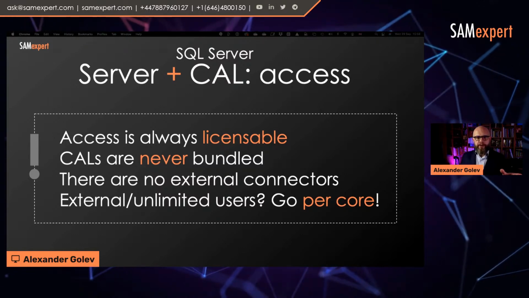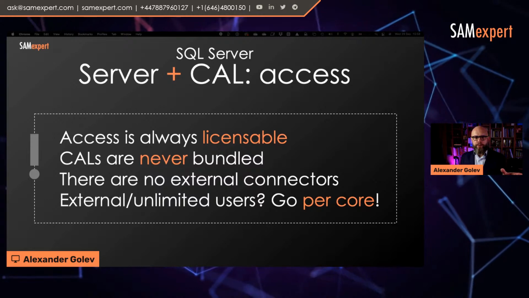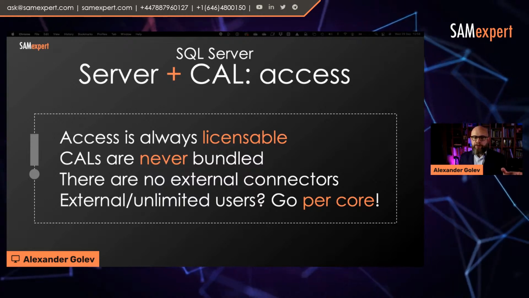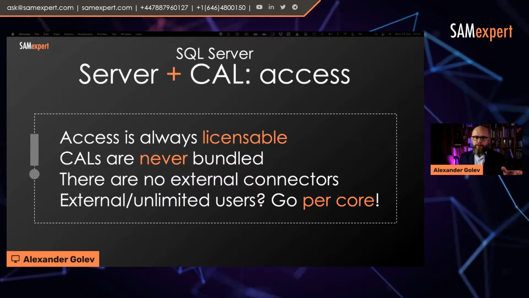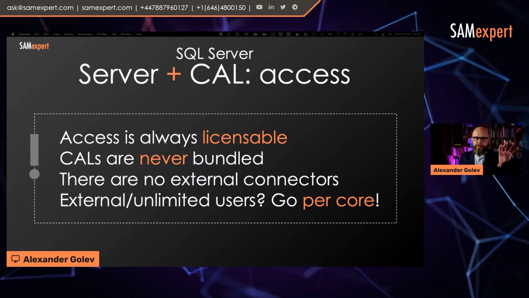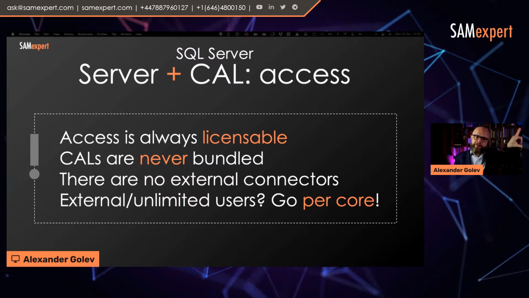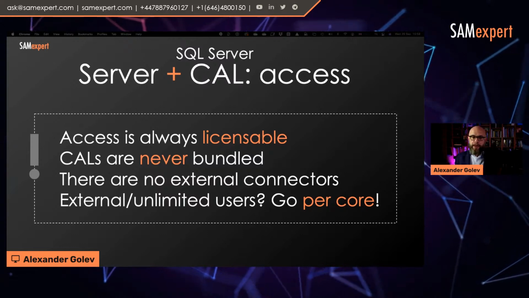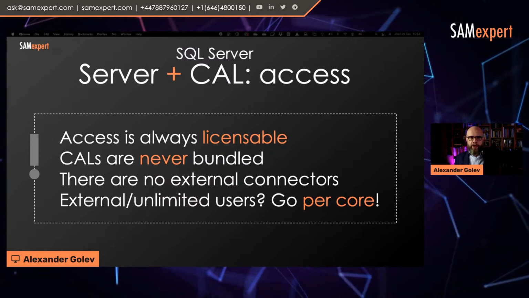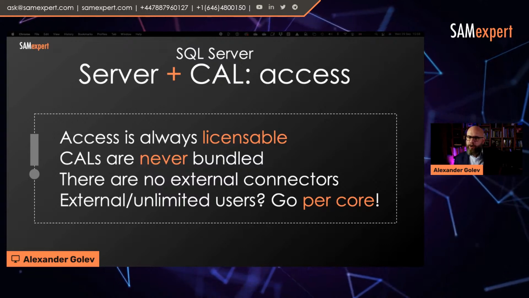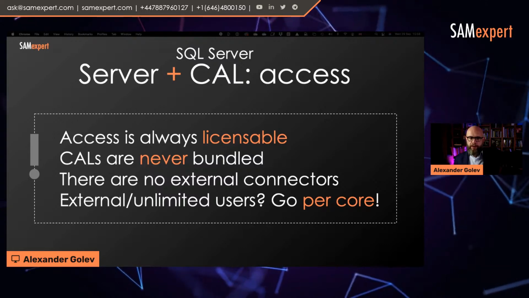How many CALs do I need to buy, 1 or 2? And the answer is, well, you have to go to per core, because you don't license this server; people and other devices access that server. You need to license those people and those devices. And if it's a web server, obviously it's not 1 CAL. If it's a web server, you have to go with the per core model.